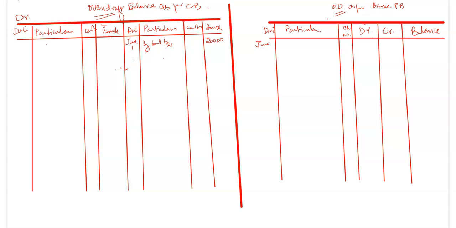Similarly, on the same day, June 1st, there will be opening balance in debit side of the passbook, rupees 20,000, and in the balance column also 20,000 will be shown as debit. That means overdraft. So if opening balance appears on the credit side in the bank column of cash book, that means it is OD, overdraft balance, unfavorable balance.